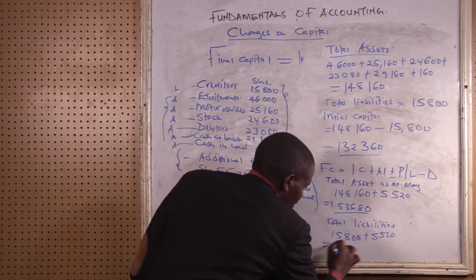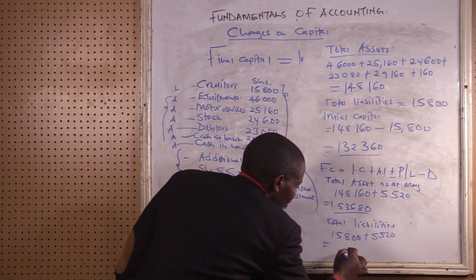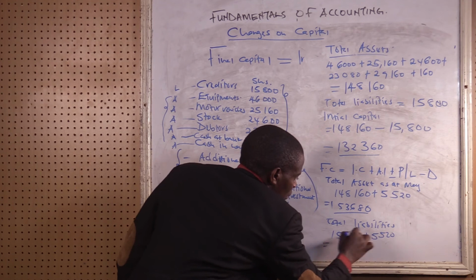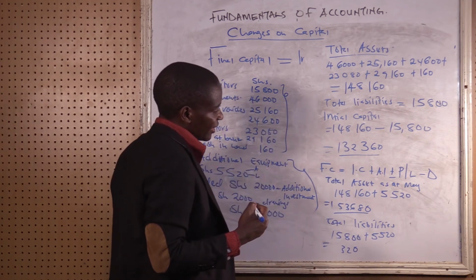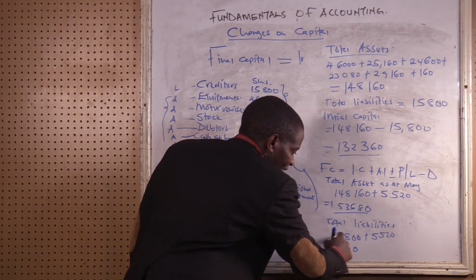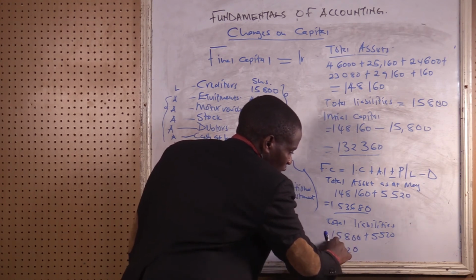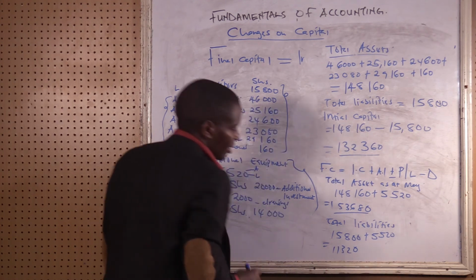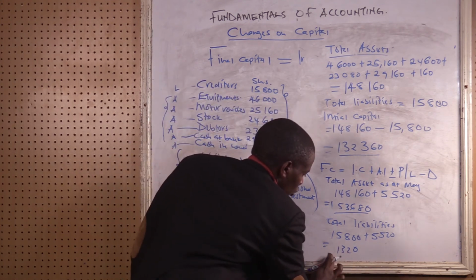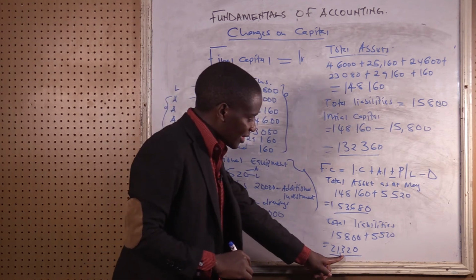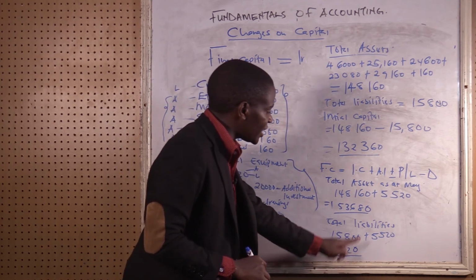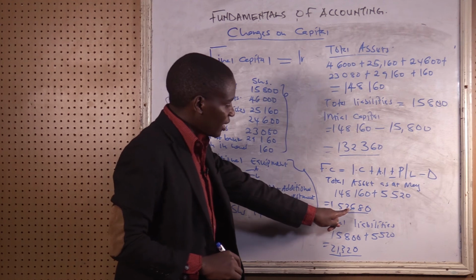So if you add this, we shall have 21,320. So our total liabilities will be 21,320 and our total assets will be 153,680.